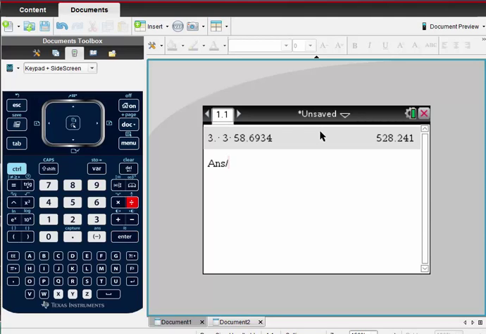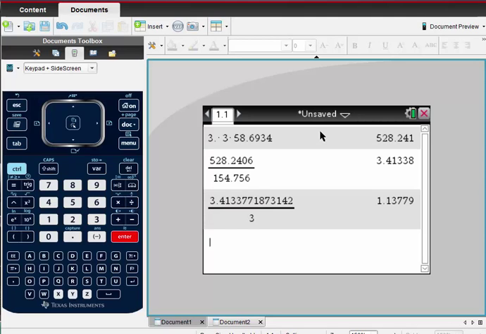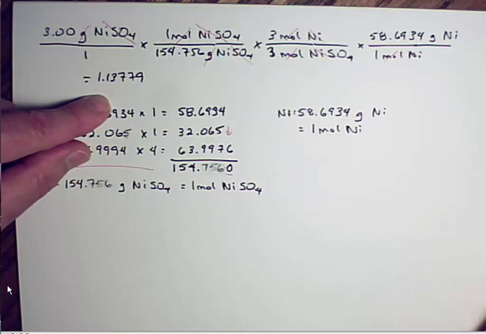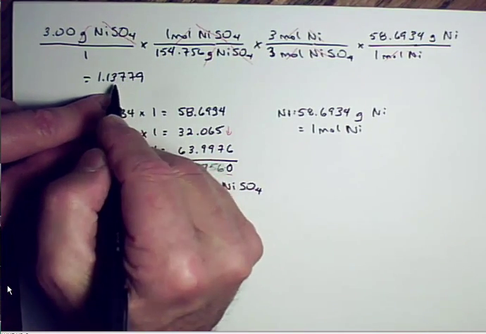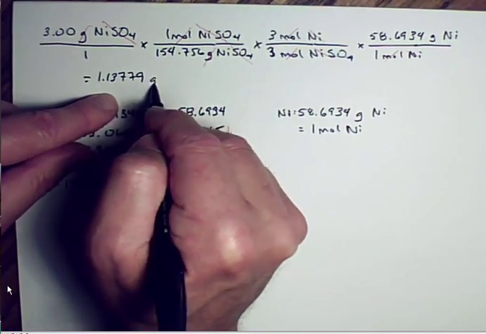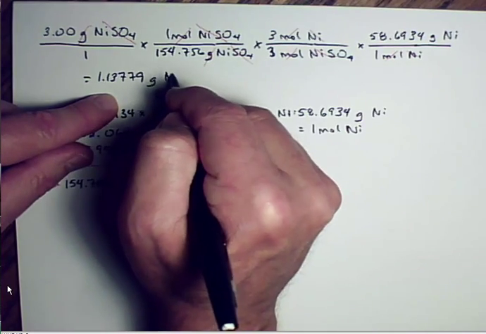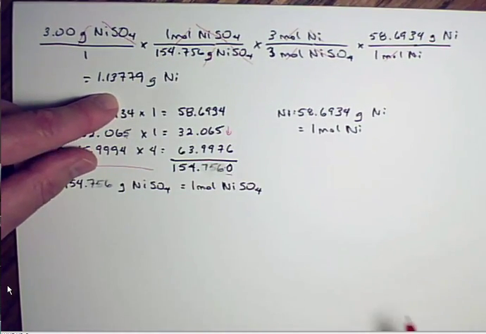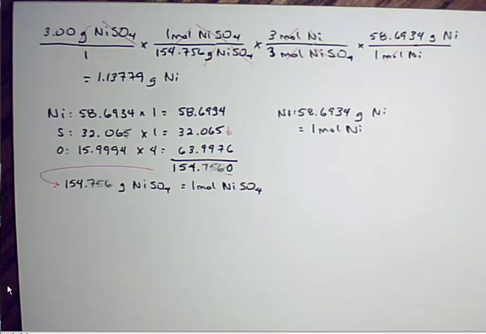Now I'm going to divide by the 154.756 and hit enter. Then I'm going to divide by the other 3 on the bottom, and that's the number that I get. Okay? So this is the unrounded answer I get. And the units I have left are grams. After I cancel everything else, the species I have left is nickel.